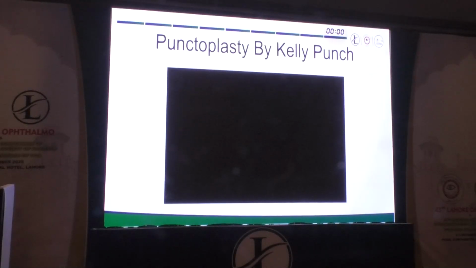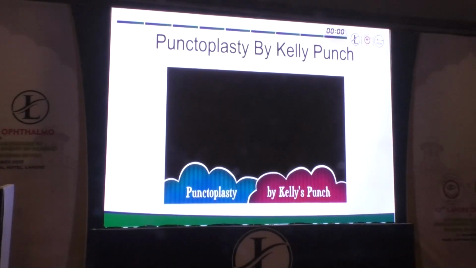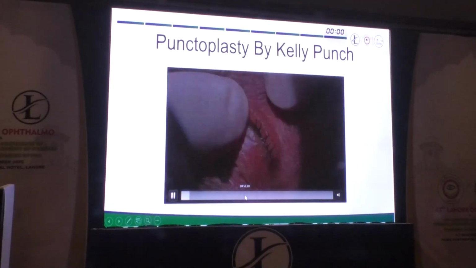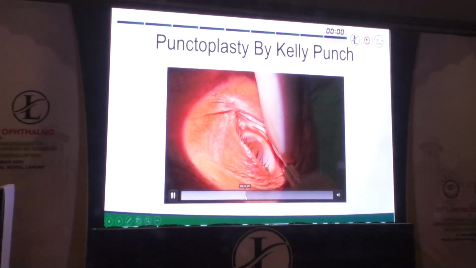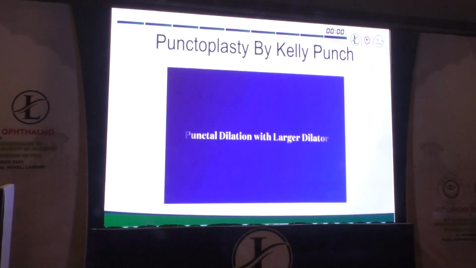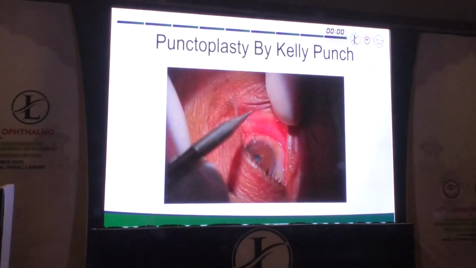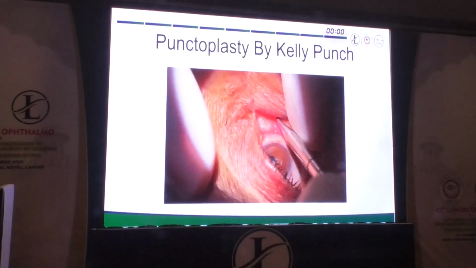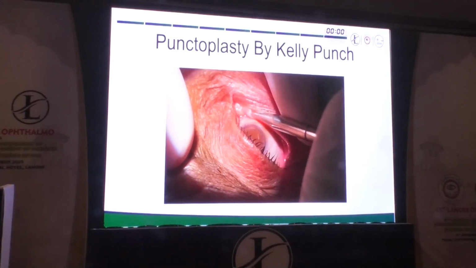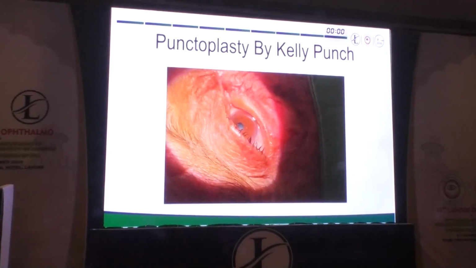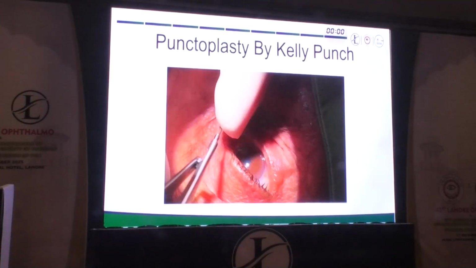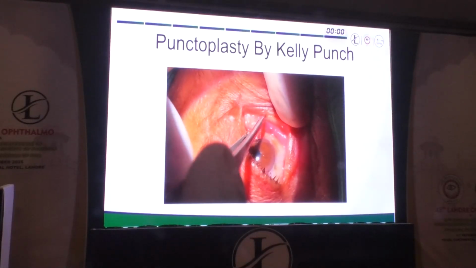Another way of doing it is by Kelly's punch. Again, the initial steps are almost the same. Once you syringe and make sure that the nasolacrimal duct is open, then you again dilate the punctum vigorously, and then use a Kelly's punch to remove the posterior wall of the vertical canaliculus.